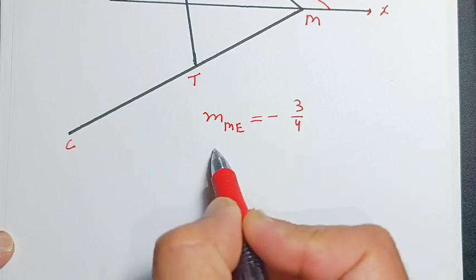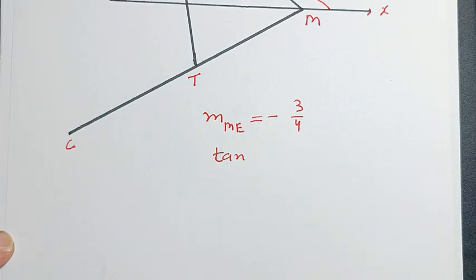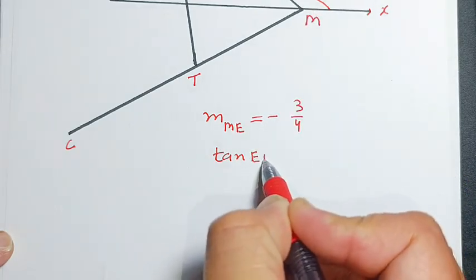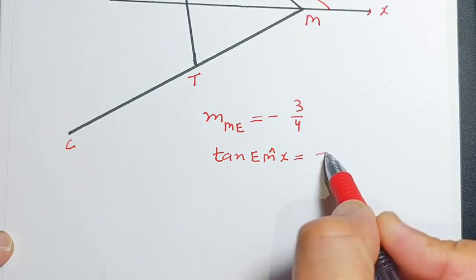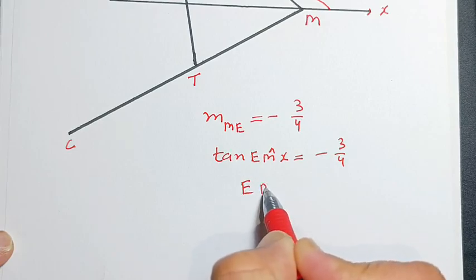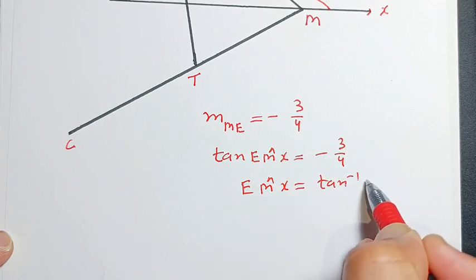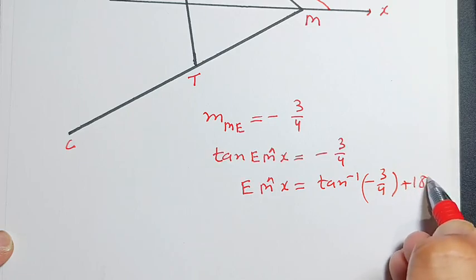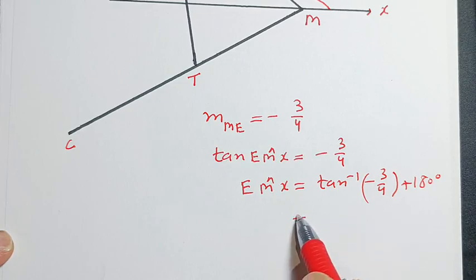So angle of inclination is going to be here. But remember tan is equal to that, so it's tan. We need to find the angle of inclination, EMX. So -3/4 equal to this. So the angle of EMX gonna be tan inverse -3/4. So plus 180 degrees, because it's negative. It's gonna be in the second quadrant.